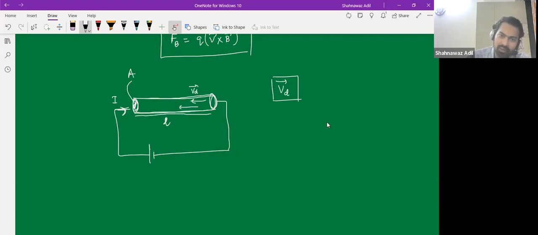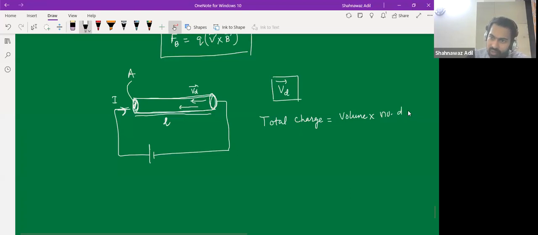Now in this volume there would be charges, right? So the total charge would be the total volume into number density, actually.